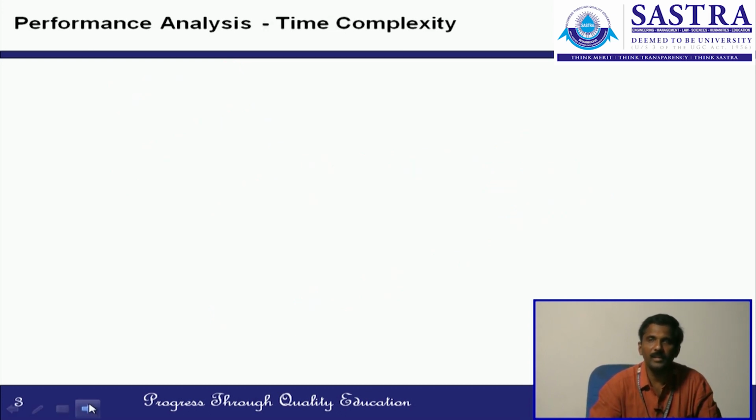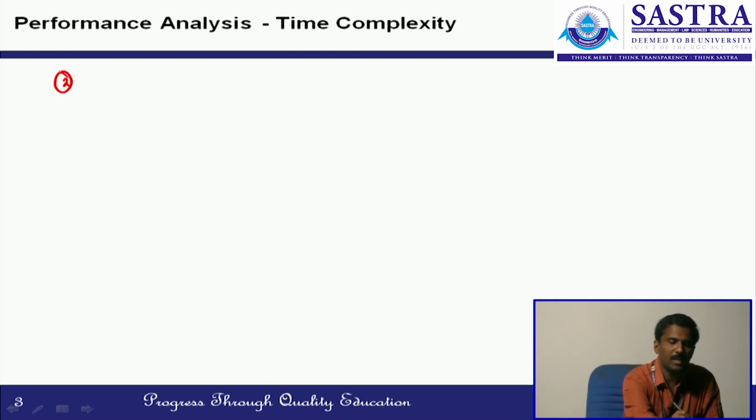The second way to determine the total number of execution steps in the algorithm is step table method, or a tabular method.